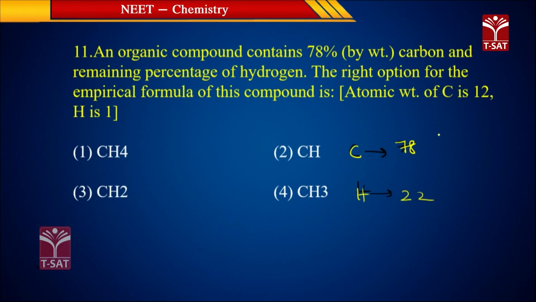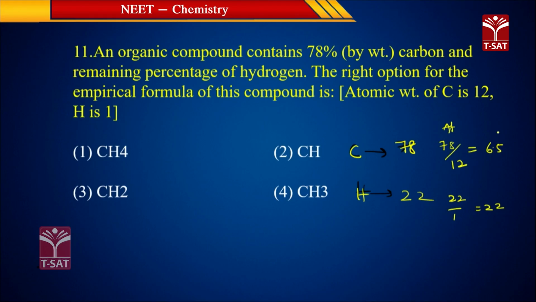Yes, 22. So what is its empirical formula is asked. First of all, you have to find out atomic ratio. We get atomic ratio by weight percentage divided by atomic weight. 78 by 12, it will be what? 6.5, right? And 22 by 1 is 22.